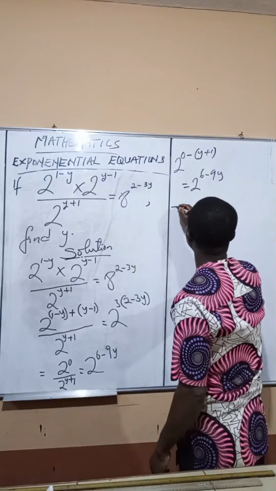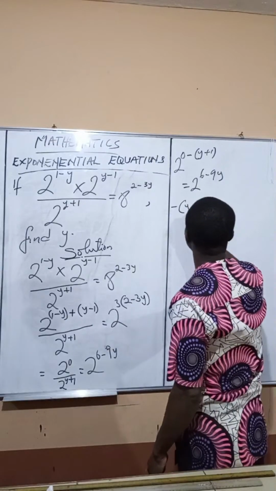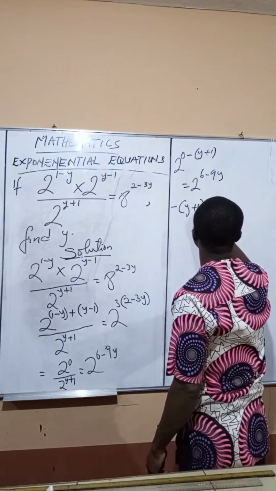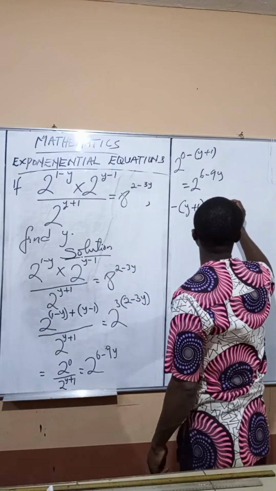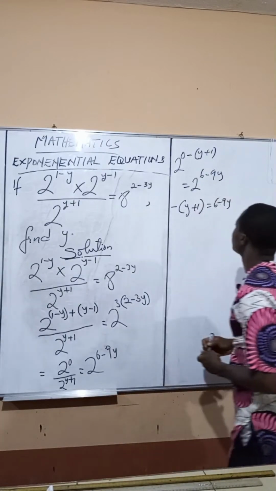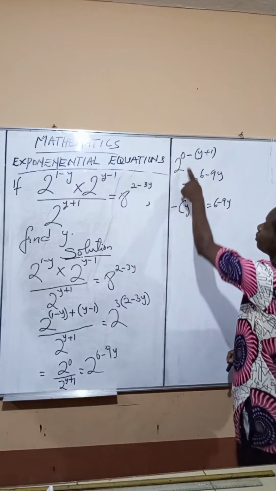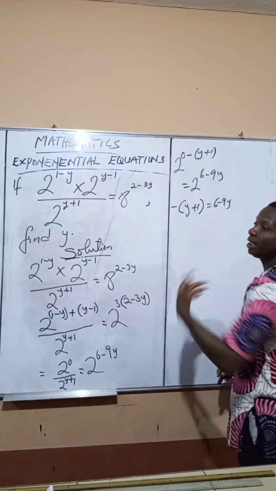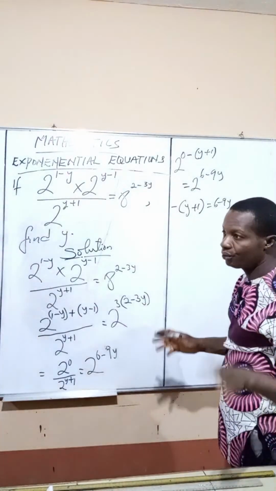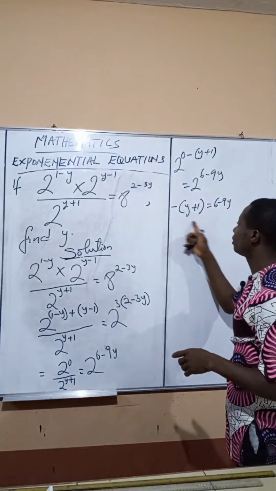So we now have minus, open bracket, y plus 1 is equals to 6 minus 9y. Minus 0 is, remember 0 is meaningless, so we have neglected the 0. Now we can open the brackets.